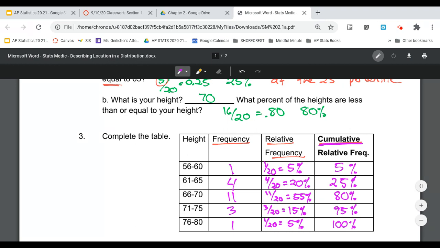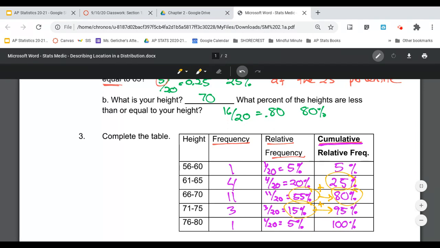So 5 plus 25 plus the new 50. So let me change colors. 25 plus 55 gave me 80%. 80 plus 15% gave me 95%.